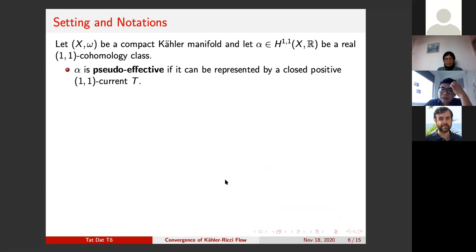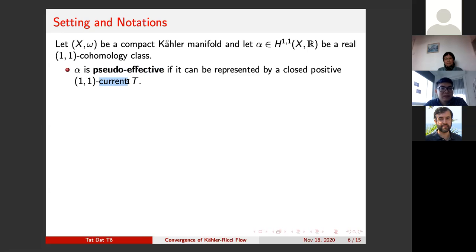I would like to give some setting on positivities on compact Kähler manifolds. So here let (X, omega) be a compact Kähler manifold, and take alpha a (1,1) class in the Dolbeault cohomology H^{1,1}, and we say that alpha is pseudo-effective if it can be represented by a closed positive (1,1) current.